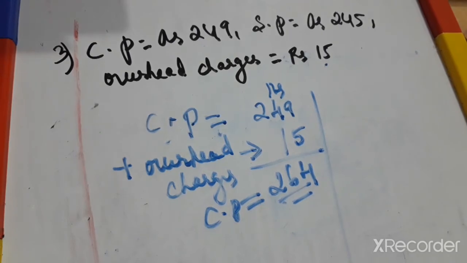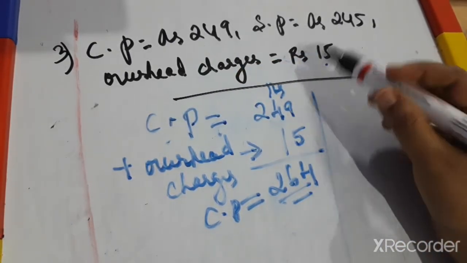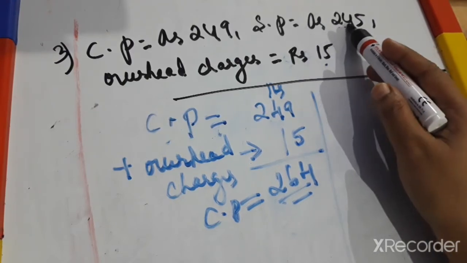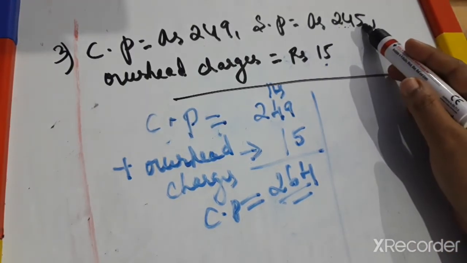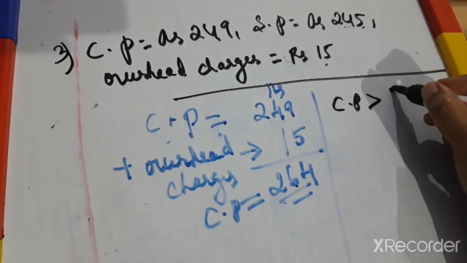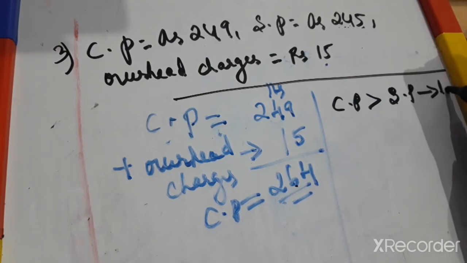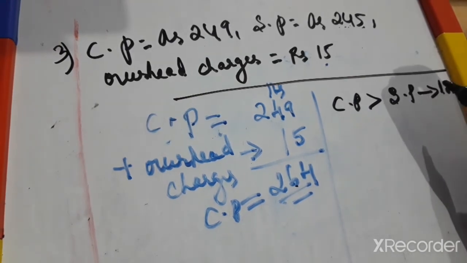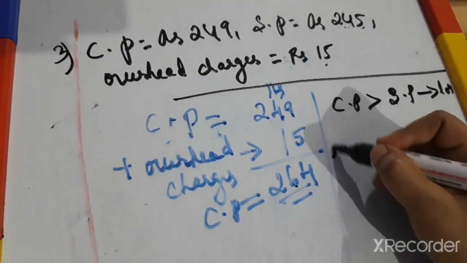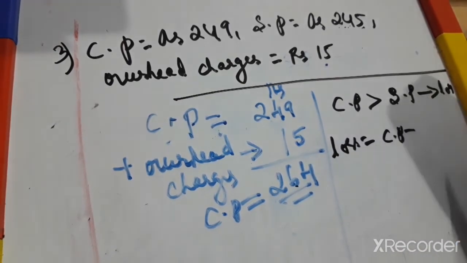264 is the cost price. Selling price is 245. So which is greater? Cost price is greater than selling price. So when cost price is greater than selling price, we get loss. The loss formula is loss equals cost price minus selling price.